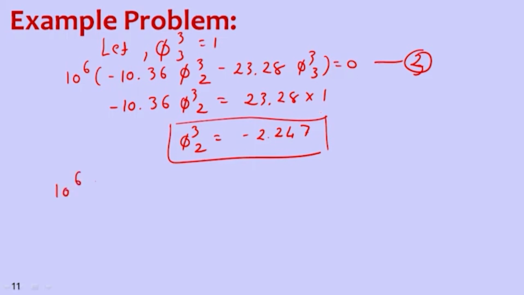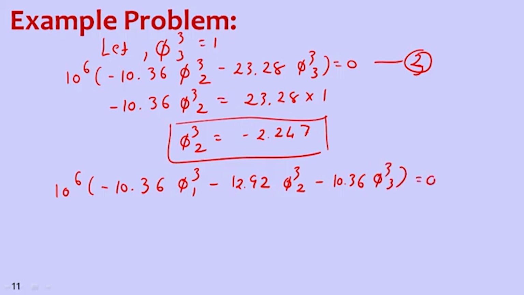Now when I substitute for first floor in equation number 2: minus 10.36 531 minus 12.92 532 minus 10.36 533 is equal to 0. So this one is second one.